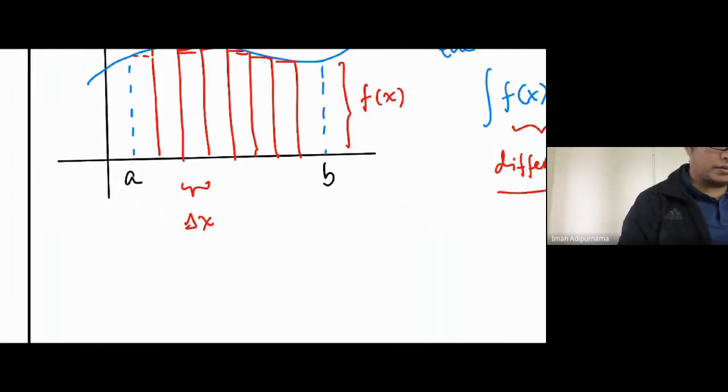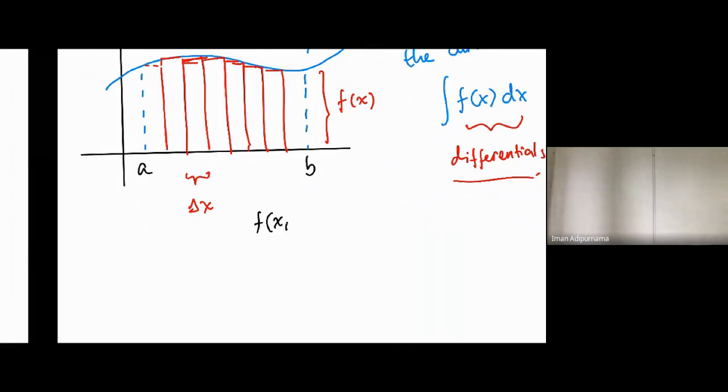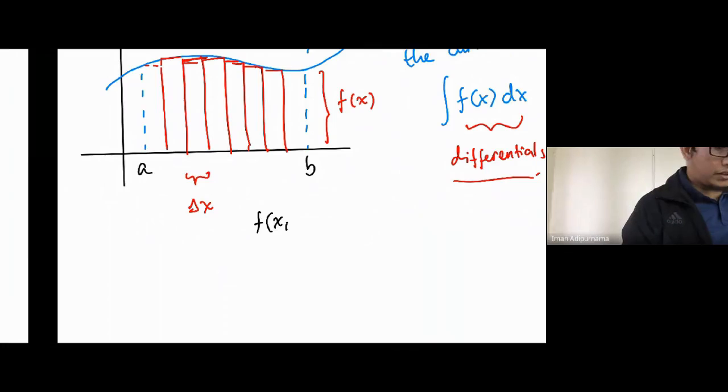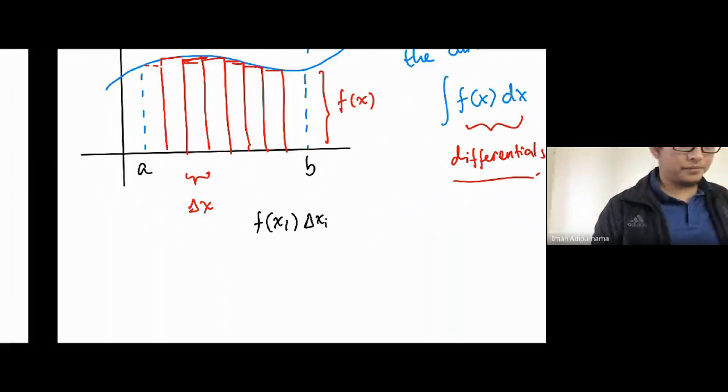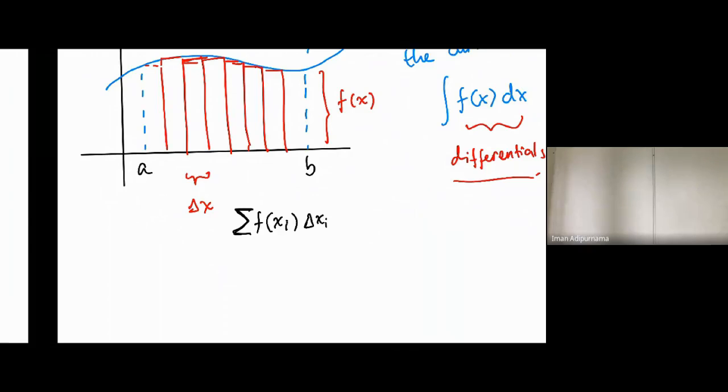So I can write f(x_i), because you can start with 1, 2, 3, any x that you can choose from here. Let's just use the x_i here and delta x_i. And you need to sum, using the sigma notation, meaning you add the first rectangle plus 2 plus 3 until all the rectangles have been summed.